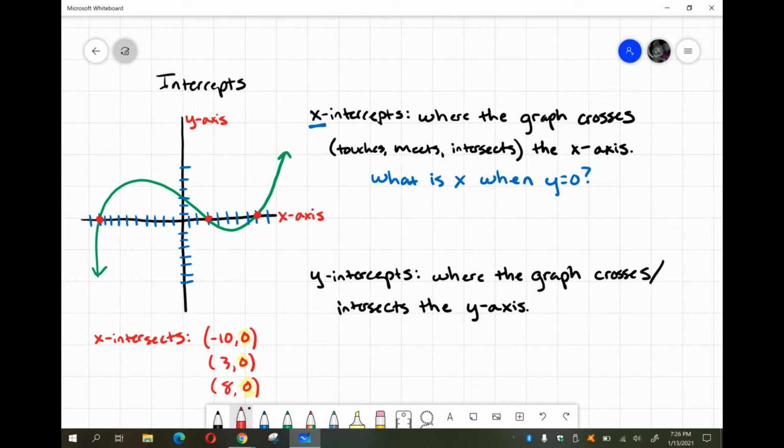In this green function, I see it crosses the y-axis one time, and that's the point 0, 3. So that is the one and only y-intercept for this function. Just like with the x-intercept, if you want something to think about when you hear y-intercept, you can think, what is y when the x is 0?